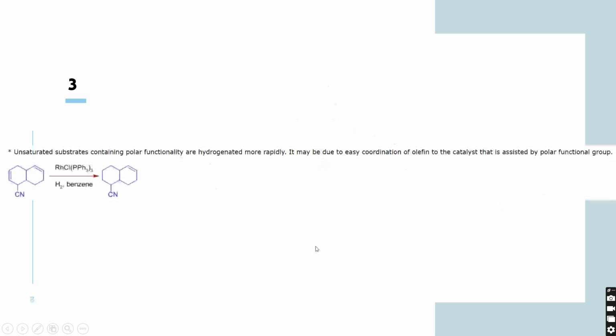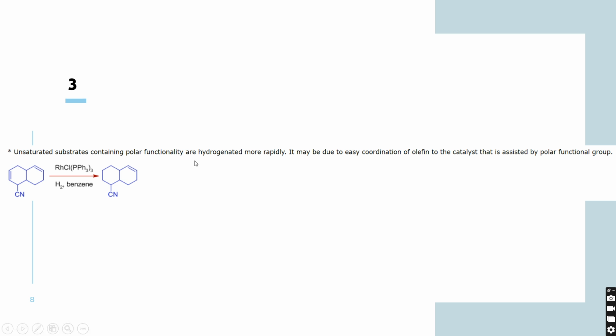The reason is, if you have more than one unsaturation and one of them contains a polar functionality, then that particular unsaturation will be reduced first, because the polar substituents at the adjacent position help the unsaturated bond bind to the catalyst more easily.